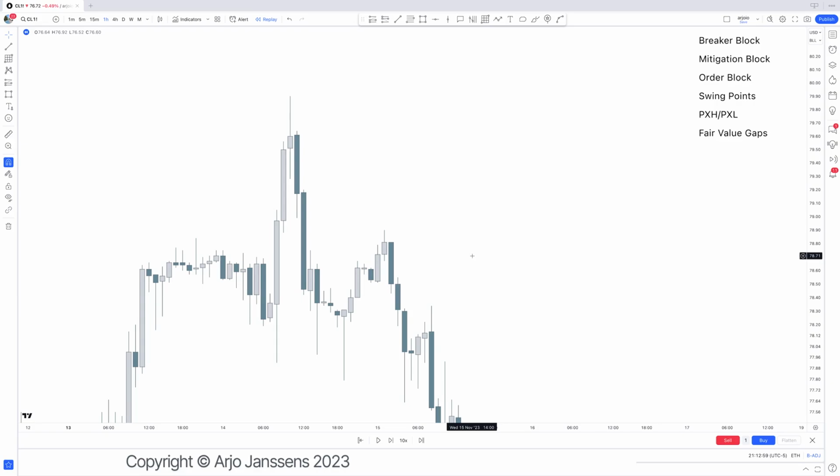So the way the market functions, as I mentioned, is fair value and liquidity. Liquidity, as in we need market participants to actually move the price. So huge institutions move the price, but also huge institutions get taken out.